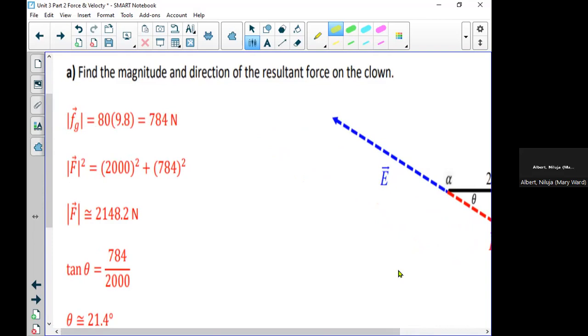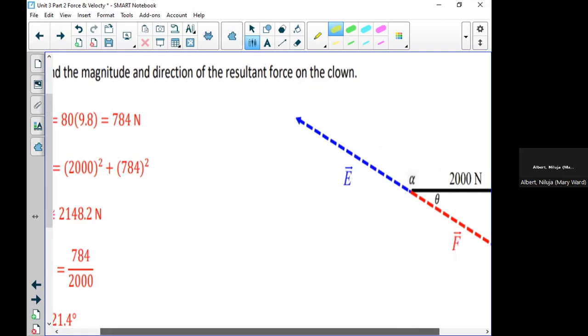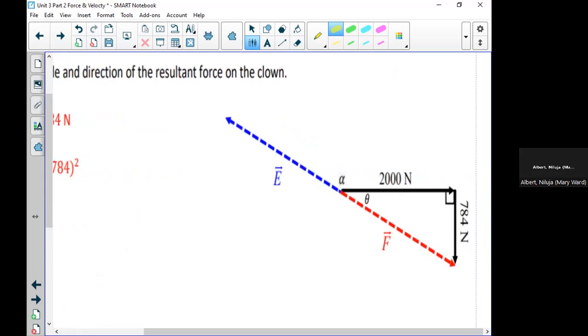So a squared equals b squared plus c squared. Just note how we denote this, right? The magnitude of vector f, we have to write using absolute value notation. And that's not so bad. We just square each, sum them, take the square root, and we end up getting our magnitude of that, 2,148.2. Okay, so that's not so bad. We can even label that over here.